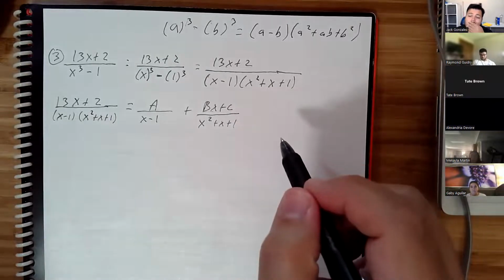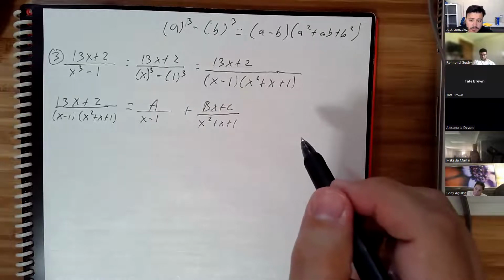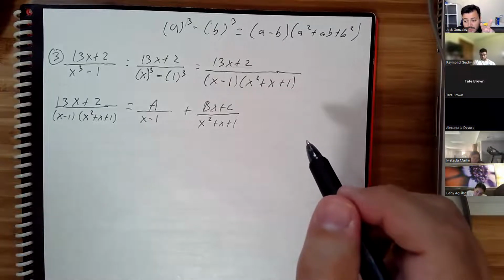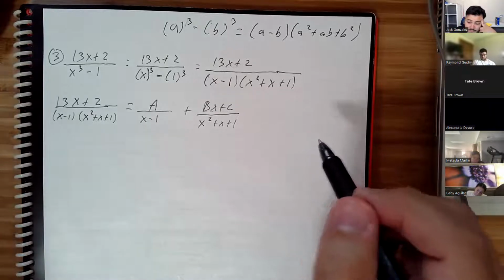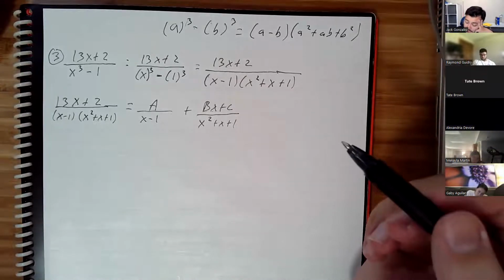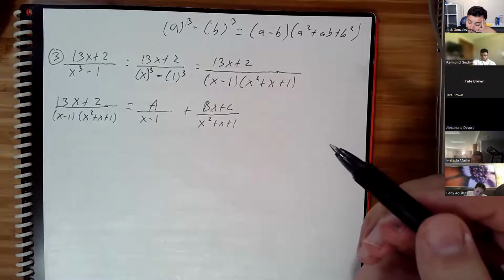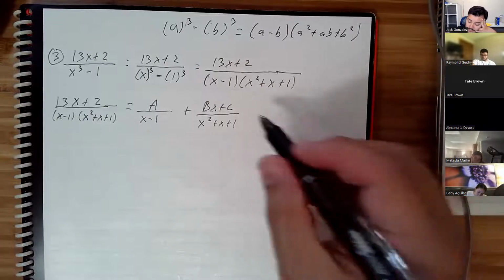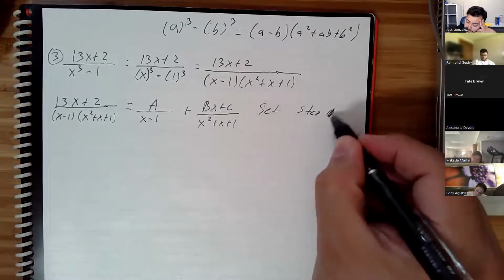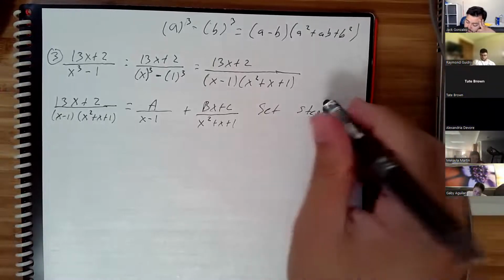I'm probably going to go with the equate the coefficients. Because the last one was very simple, right? We had just two unknowns. So when it looks very simple, that's a good hint that maybe the other one's better. But you can always use the longer method every single time if you want. So this is the setup. Step one. What else?